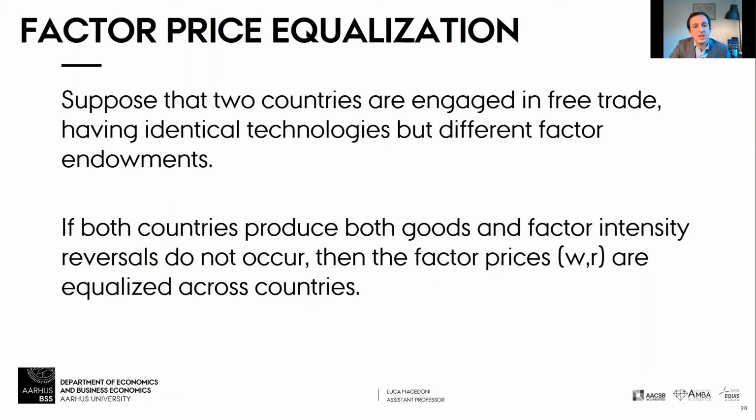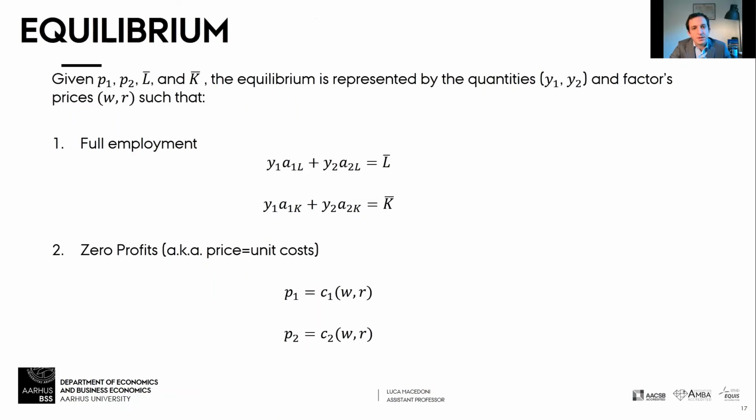So this is perhaps a bit surprising, but if we go back to the equilibrium conditions, when two countries trade, they're basically sharing the prices of the final goods, right? Because the prices of the final goods are the prices determined by trade. And what happens is that if there's no factor intensity reversal, right?